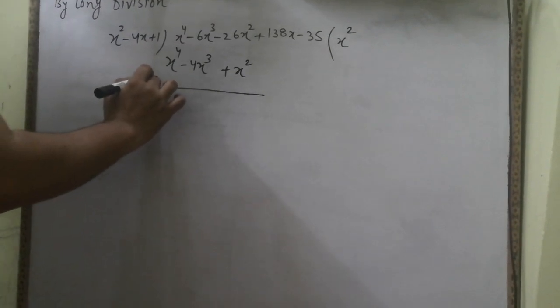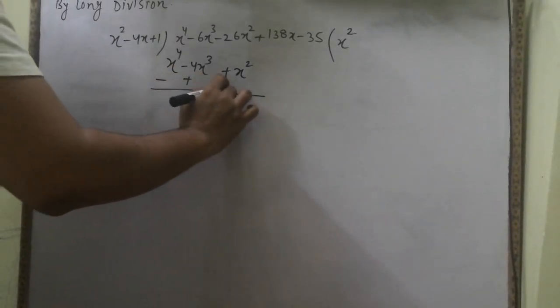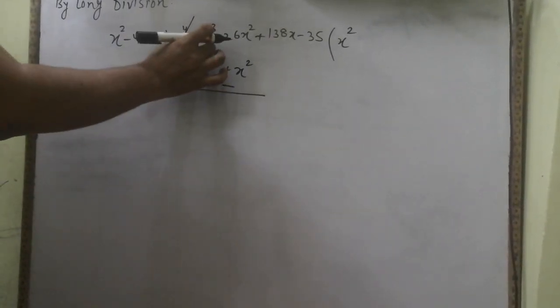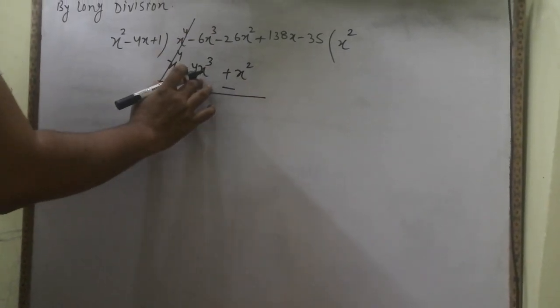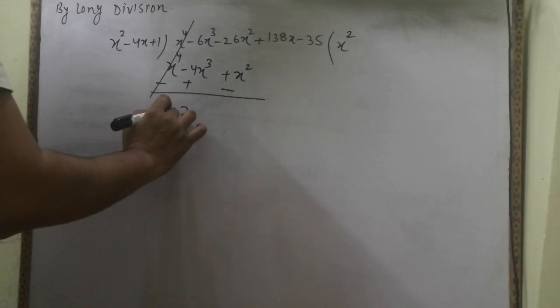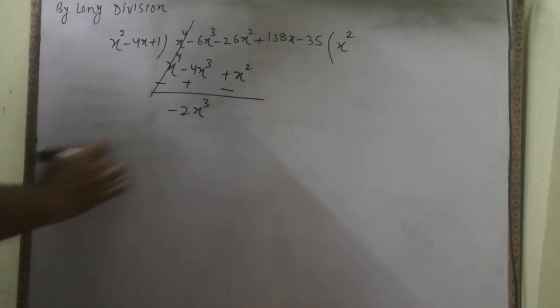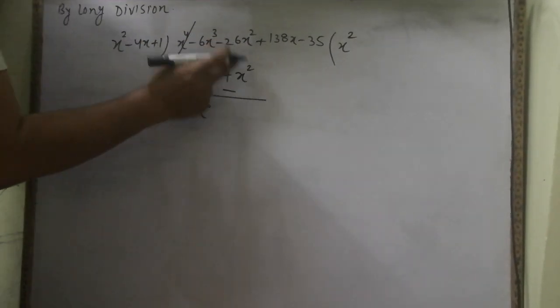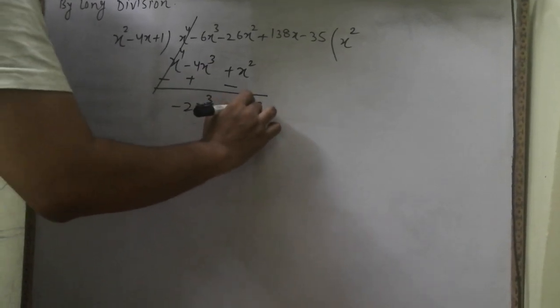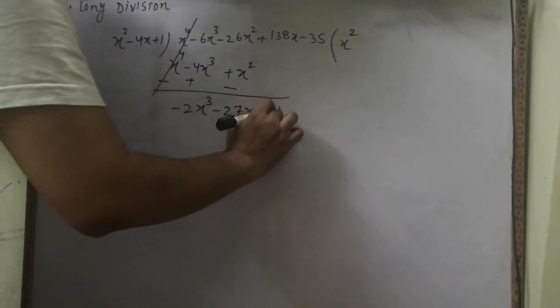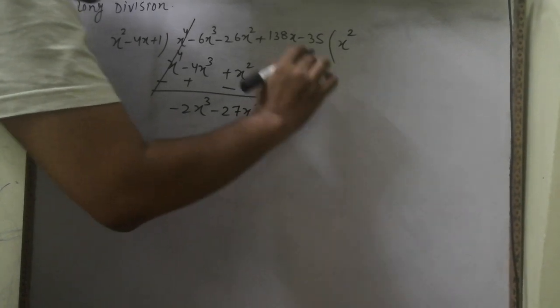Change the sign, minus plus minus, cancel out. Minus 6x cube plus 4x cube gives minus 2x cube. Minus 26x square minus x square is minus 27x square, plus 138x.